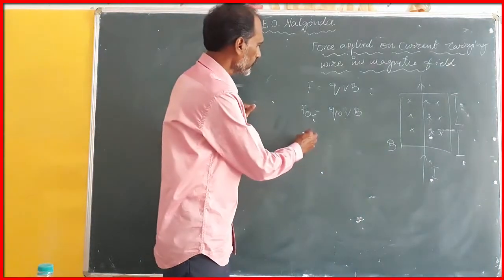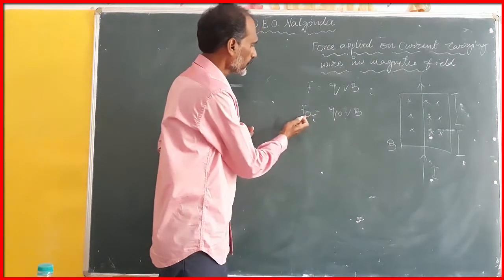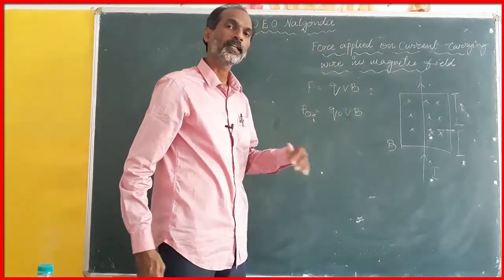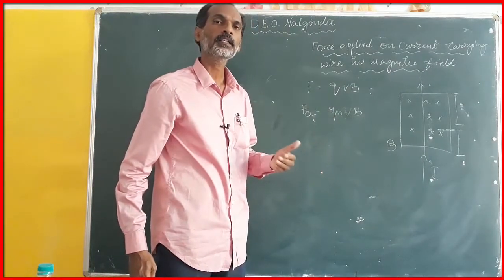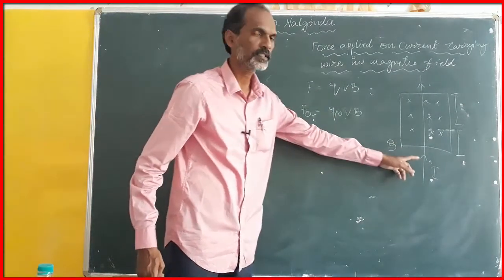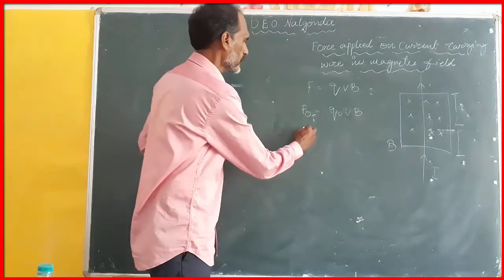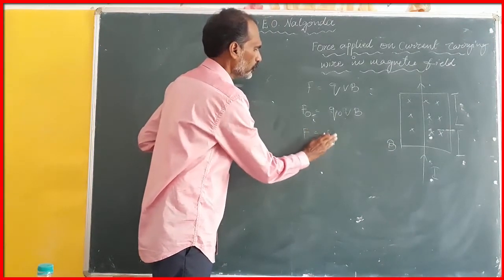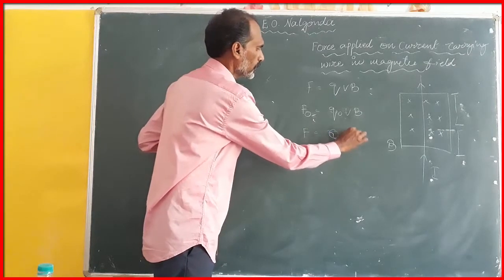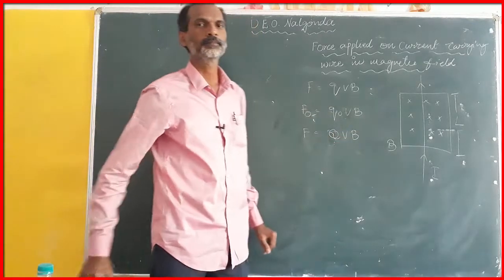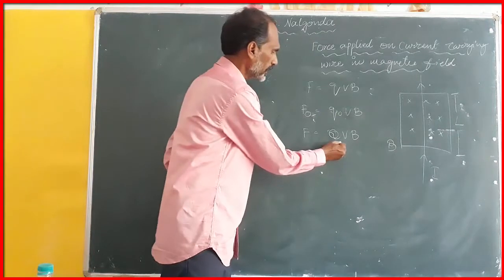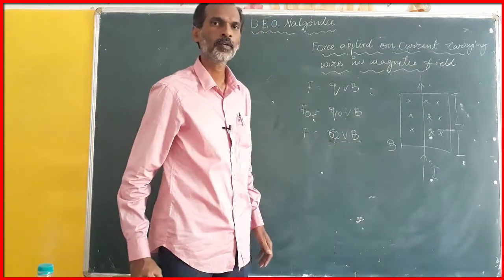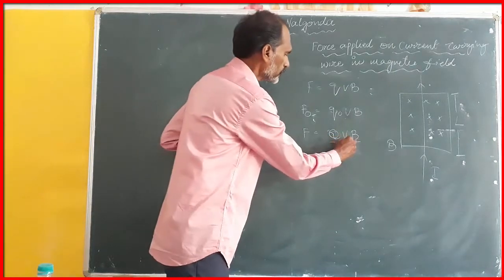If the force on a single charge is F naught, the net force applied on the complete charge passing through the conductor, let us consider that as F, will be capital Q V B. Here Q is the net charge, V is the velocity and B is the magnetic field.